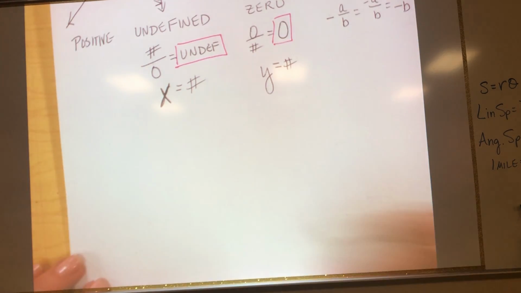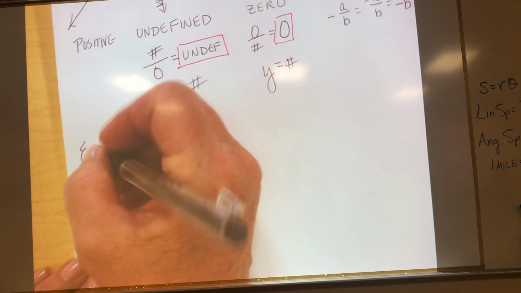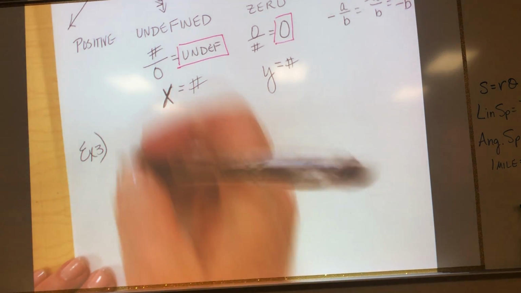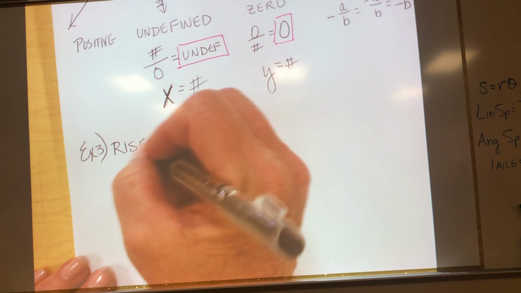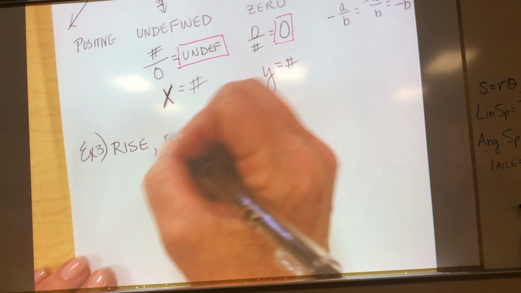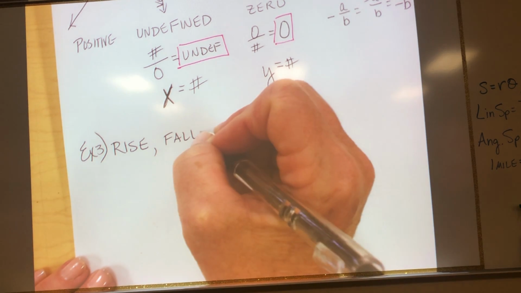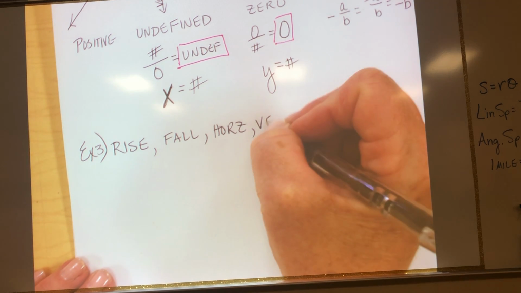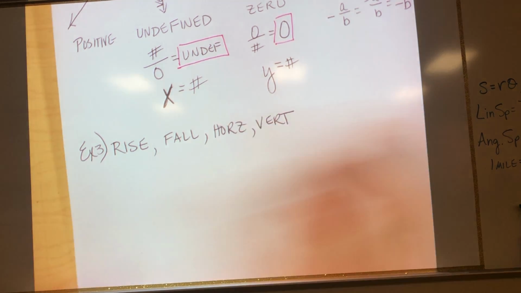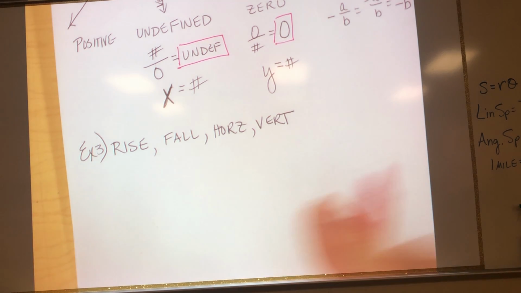Okay, so let's do one problem, or we're actually going to do 2. Tell me if the line that goes through these 2 points rises, falls, is horizontal, or vertical. Before I do that, I want to talk about what this means, because I'm going to find the slope between 2 points.